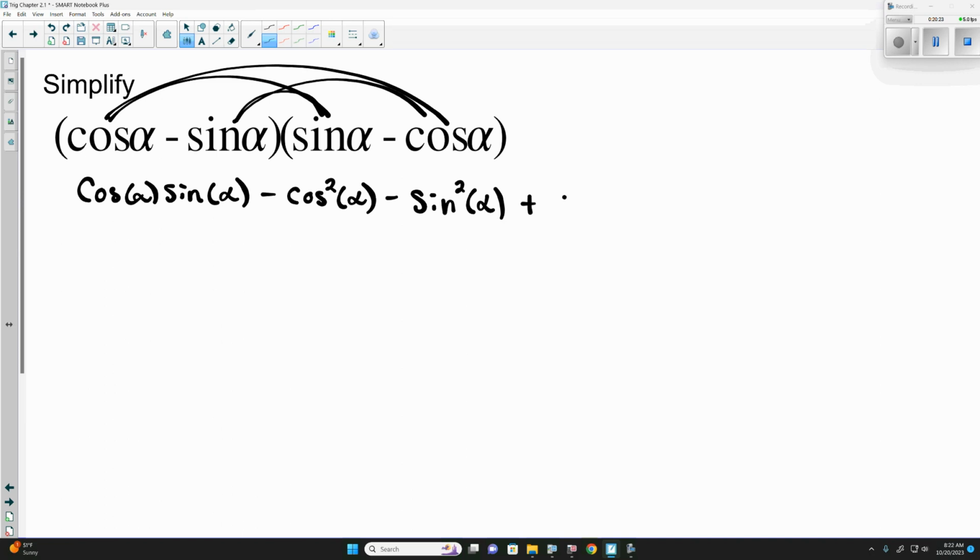The negative and negative make a plus. Sine of alpha cosine of alpha. Now, even though they're written in different versions, our cosine of alpha, sine of alpha on the two ends are the same thing. So we can say 2 cosine of alpha sine of alpha.